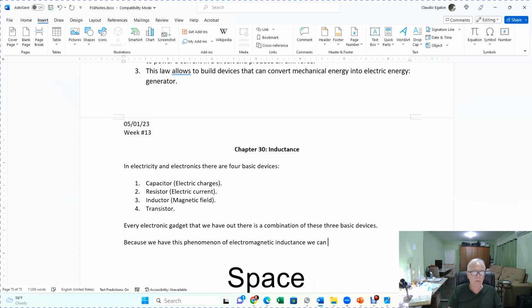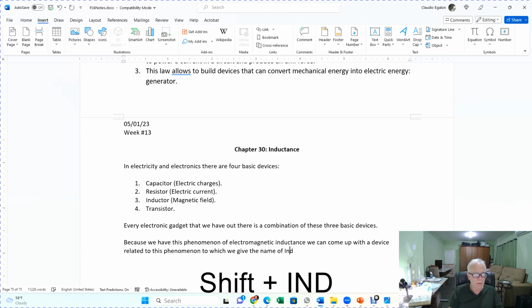We can come up with a device related to this phenomenon, to which we give the name of inductor.